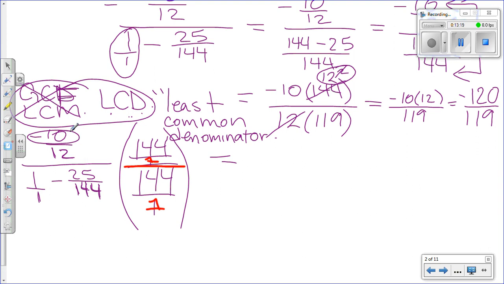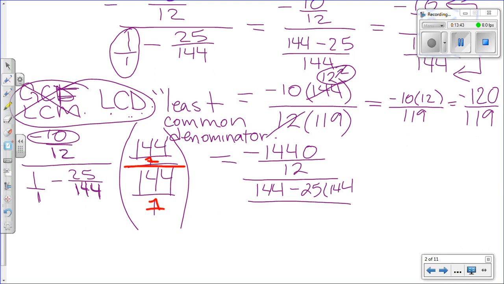Negative 10 times 144 is negative 1,440. And then 12 times 1 is just 12. And then right here, you will say 144 times 1 is 144. 144 times negative 25 is that.